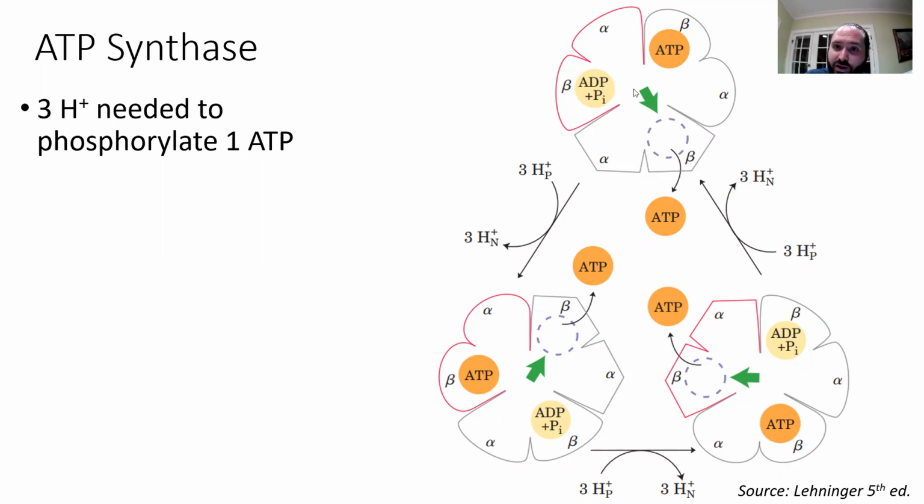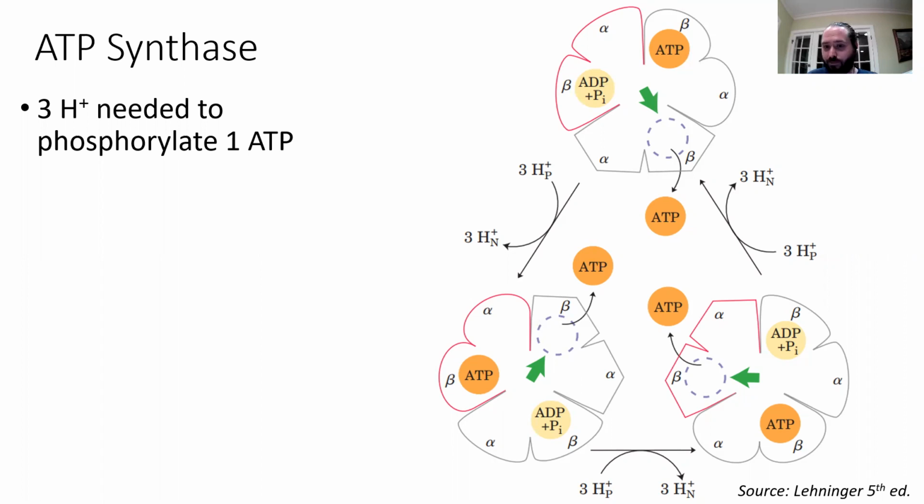So if we start here, we have ADP and phosphate. When H plus comes in, we'll then squeeze them together, make ATP. This ATP that was in this binding site will leave, and a new ADP and phosphate will come into the third site, the empty pocket, ready to be phosphorylated.